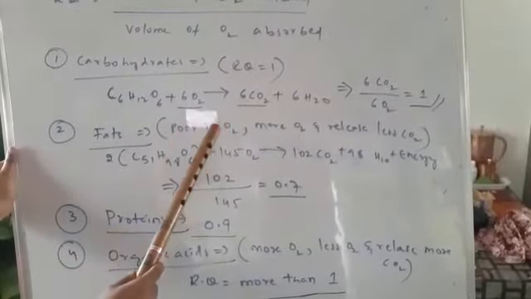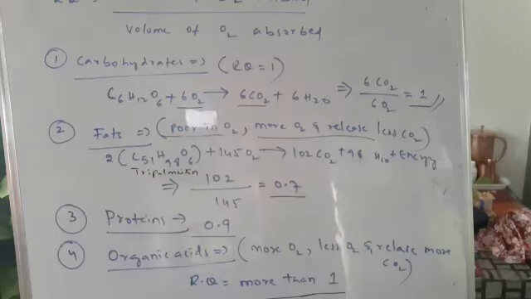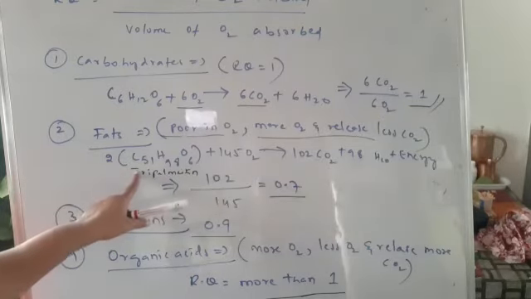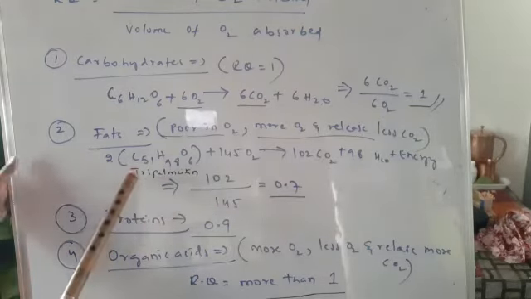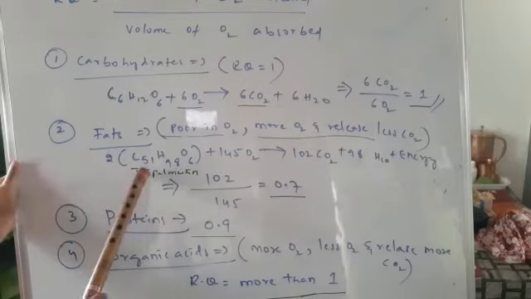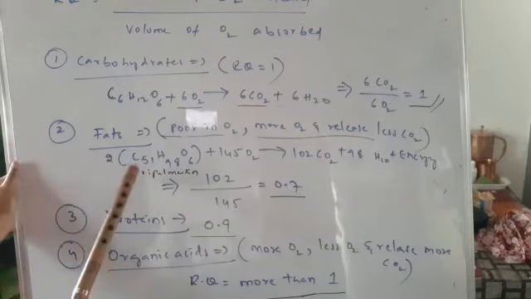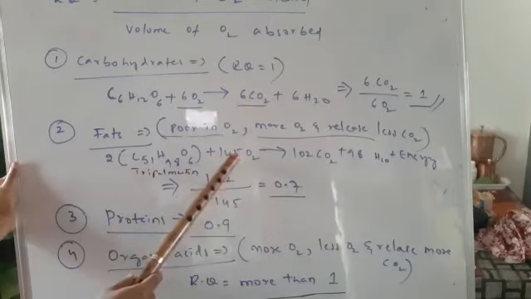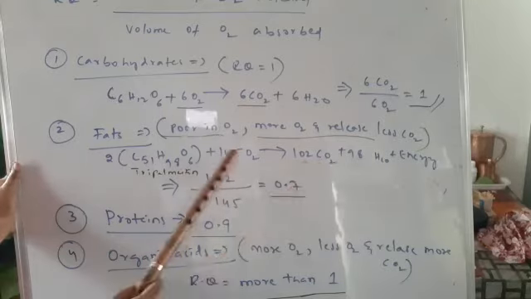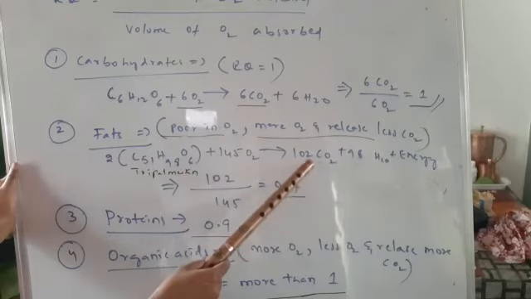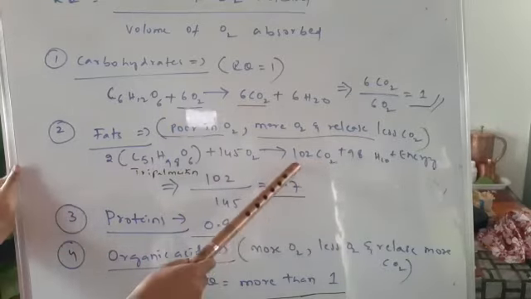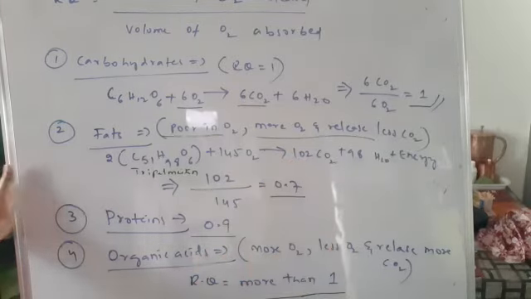Now let's calculate with an example. This is tripalmitin, one type of fat. We have taken 2 molecules of tripalmitin. To break them down, it utilizes 145 oxygen, and after this process 102 CO2 molecules, 98 water and energy are released.